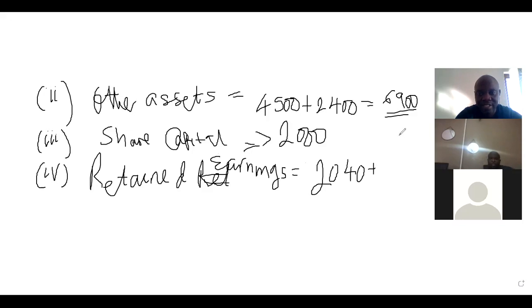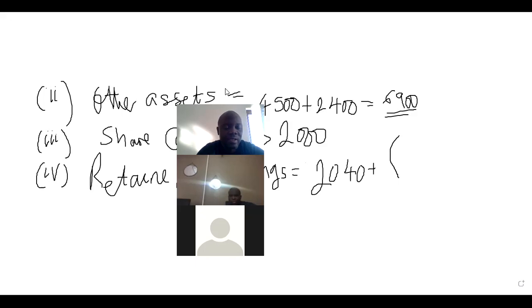Plus, we'll do it like this. The post-acquisition profits, guys, was how much? So 660 minus 480, how much was it? It was 180. So 180 times 75%.